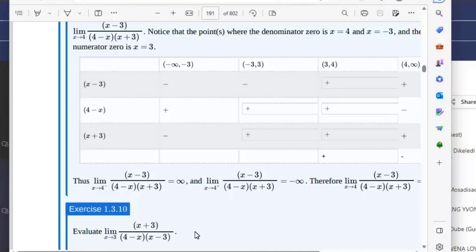Limit of x when it approaches 3, I get 6. Positive 6? Yes, positive 6. Thank you, brother. Now, let's go to the beginning. Marvin, please explain to us how you got to minus infinity.